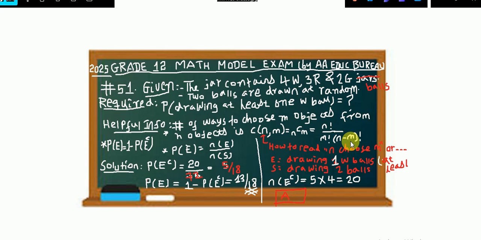Okay, this formula may be needed, and another formula we need to solve the problem is the probability of an event, which is given by the number of elements in the event divided by the number of elements in the sample space. What is an event, what is a sample space? The sample space is the set that contains all possibilities of a certain statistical or probability experiment. What's the probability experiment?